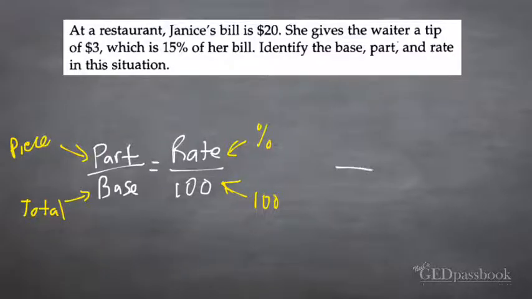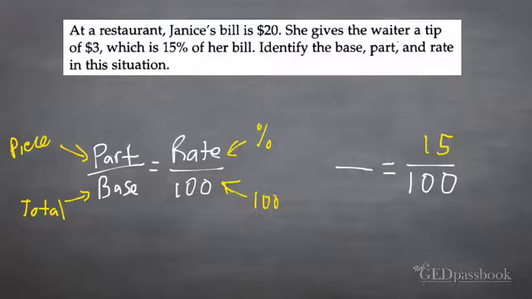So tell me, you could immediately do that if you want, over 100. It's always going to be there. Tell me, in the given word problem, what is my rate? 15, because that's the percent. Tell me, what is the part and base? Distinguishing what the part and base is probably going to be the hardest part when one of the numbers is missing, which we'll do next.